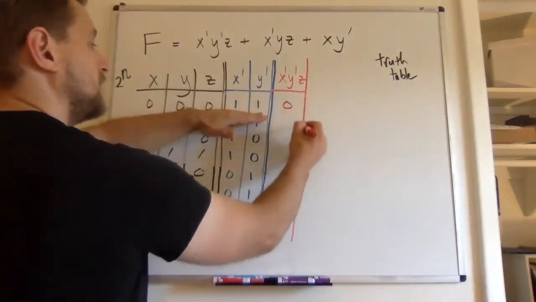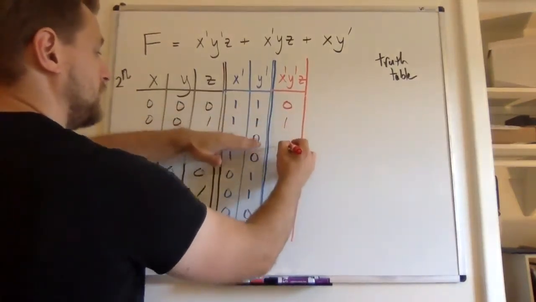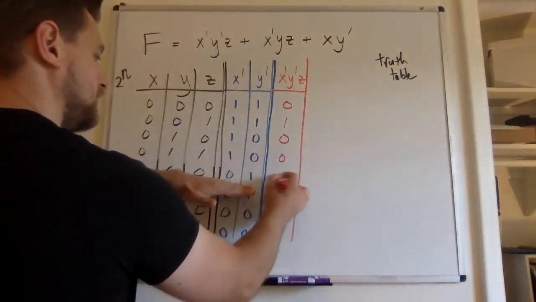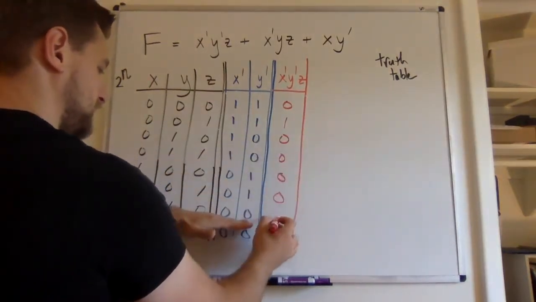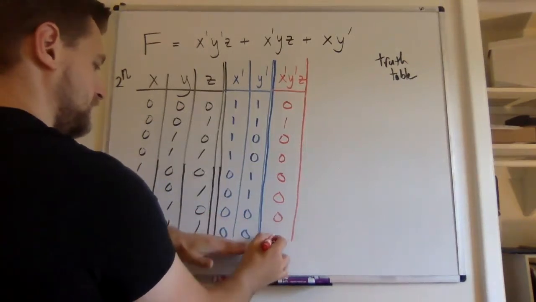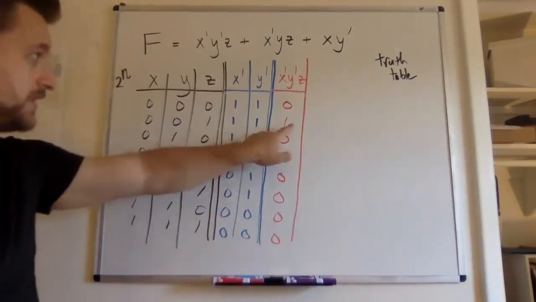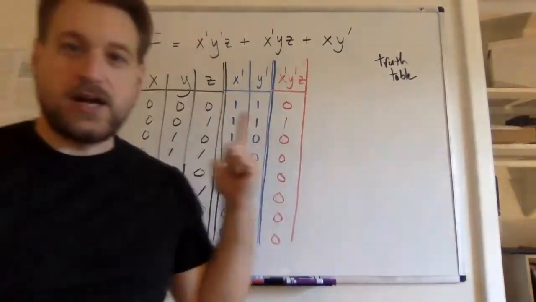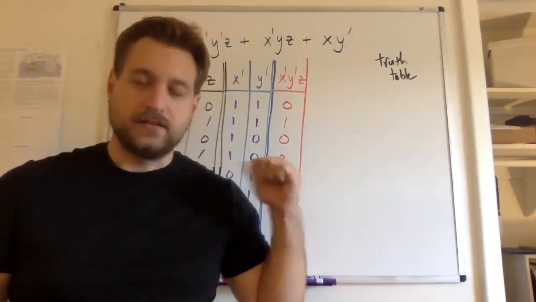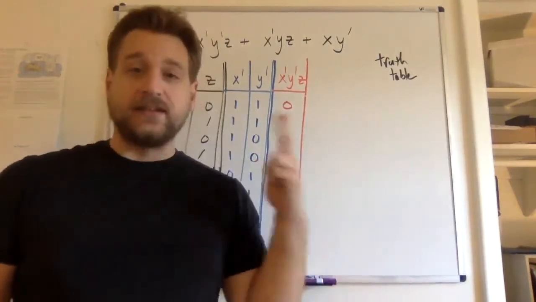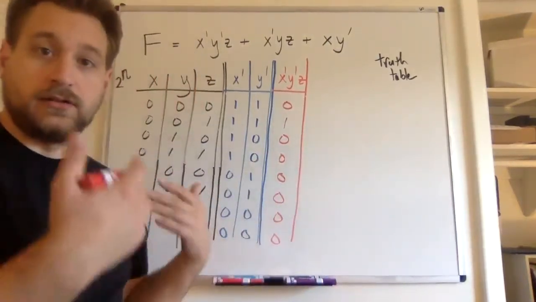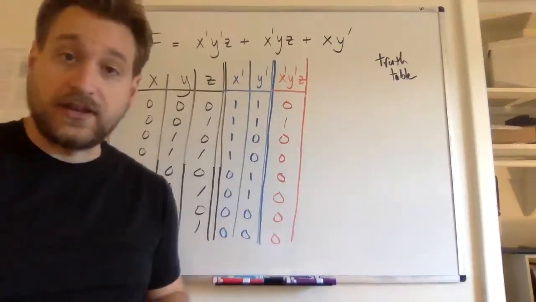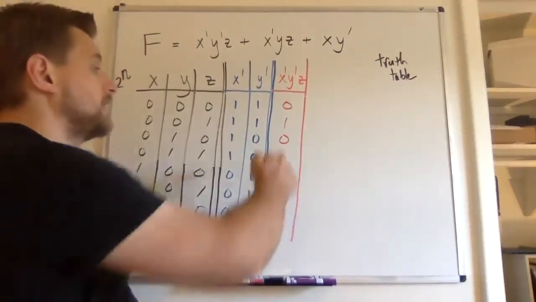It doesn't happen here. It does happen here. It doesn't. There's only one time when not x, not y, z is all logically true. And then the AND statement is logically true.